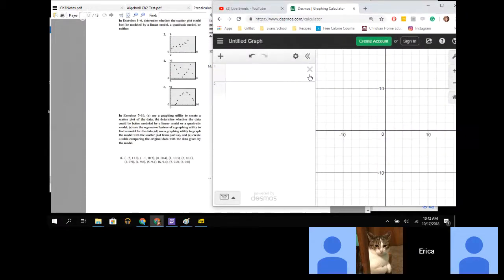Step 1 says use a graphing utility to create a scatter plot of the data. In Desmos, you go to this plus sign, and instead of adding a function, you add a table. Here they give you a set of data points. I'm going to enter this pretty quickly, so you might need to check my work.